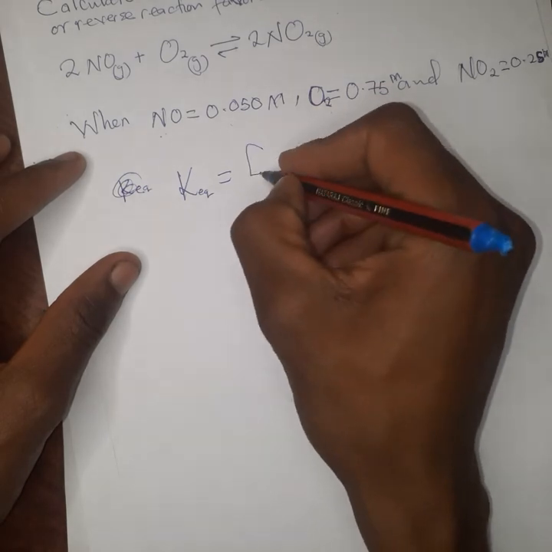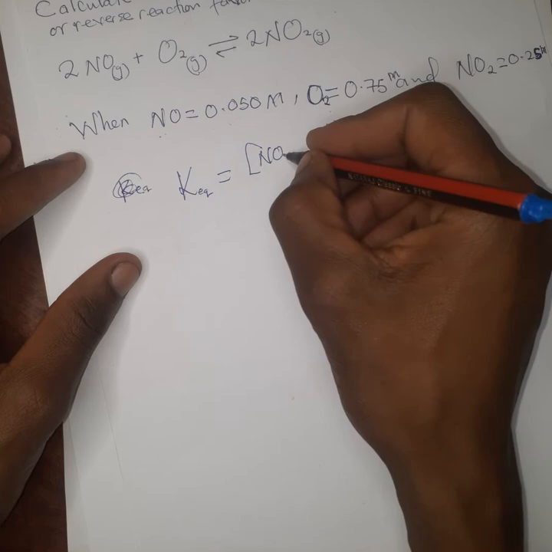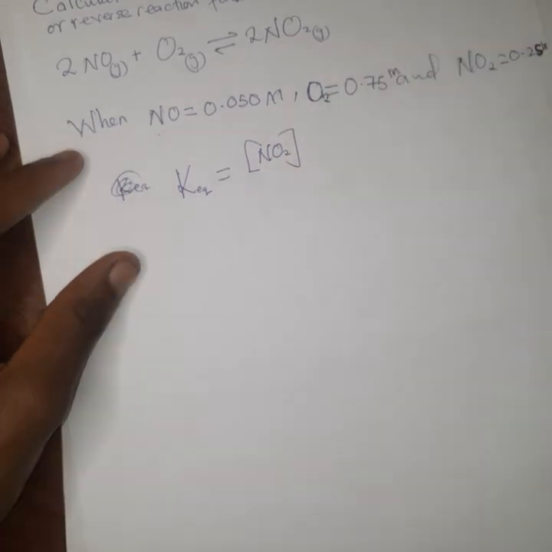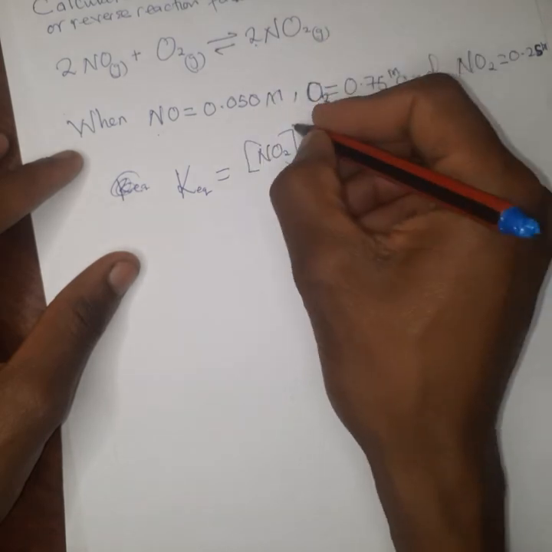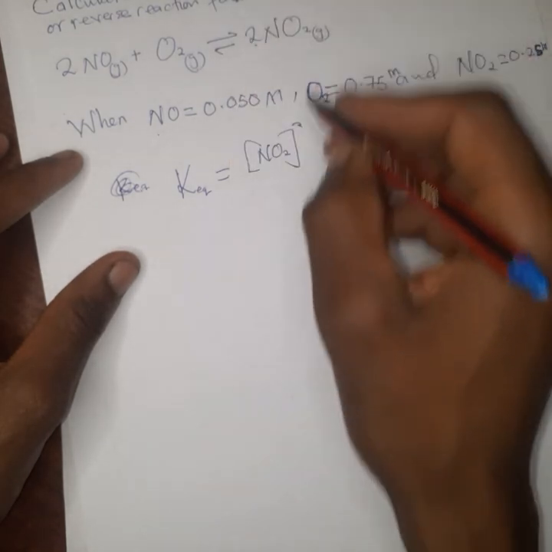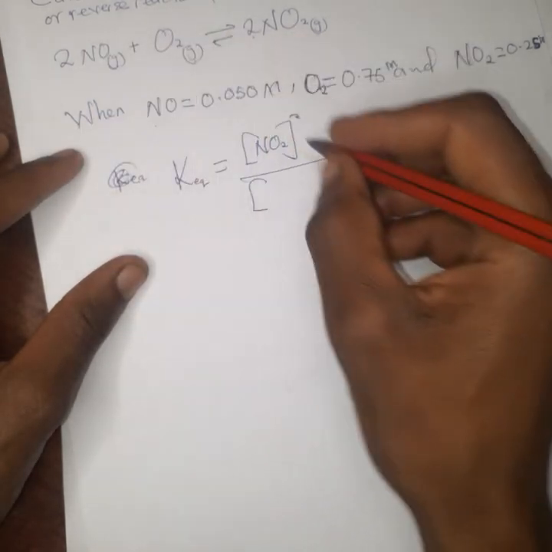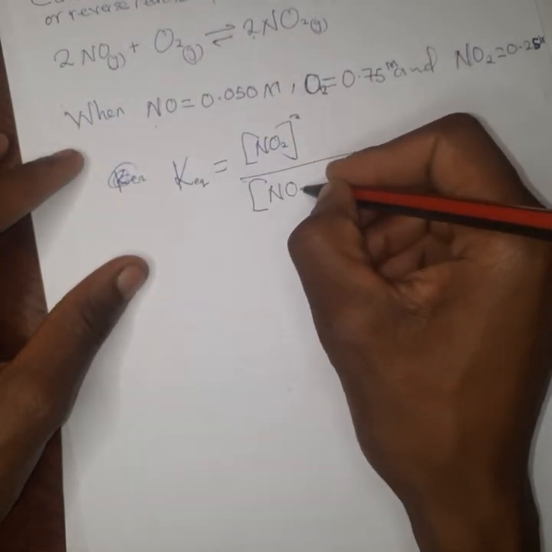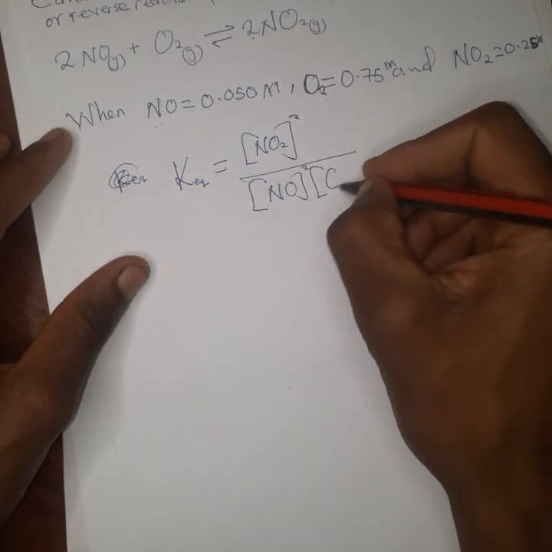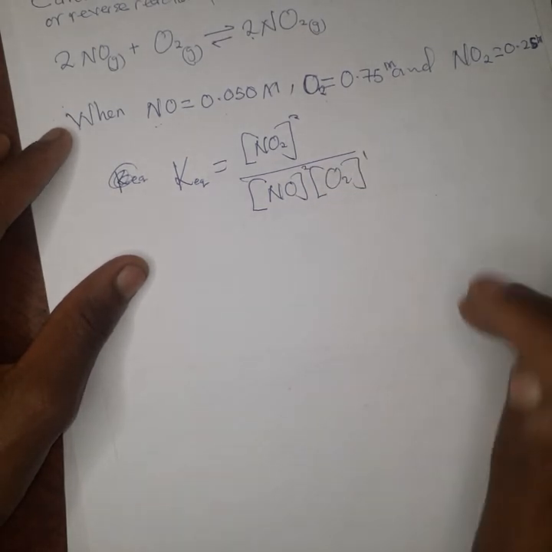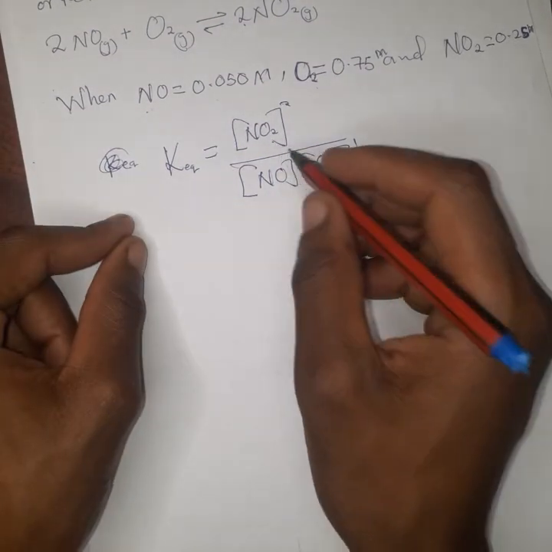So the square brackets, we have nitrogen dioxide to the power of the coefficient, which is 2. We only have one product there, over nitrogen monoxide to the power 2 times the oxygen to the power 1.